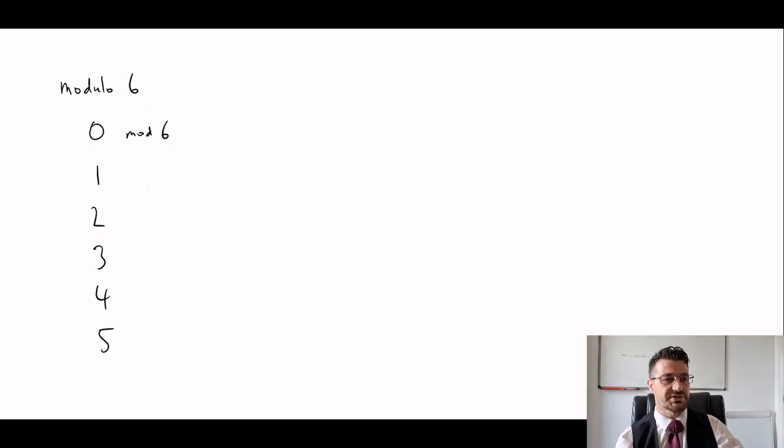So how does modulo 6 work? Well, if we take a normal number, say 15, I divide 15 by 6, but I do division with remainder. I don't calculate the decimal or the rational number 15 over 6.